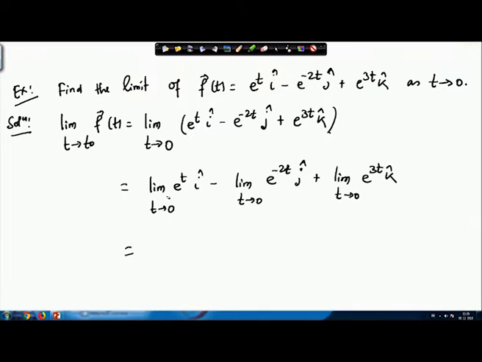So, when t goes to 0, e to the power 0 will go to 1. So, for i, again t goes to 0, e to the power minus 2t will go to 1, and then here also it will be 1. So, ultimately that will be the limit of this vector function.